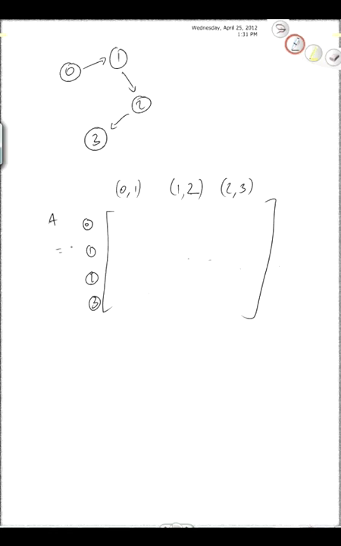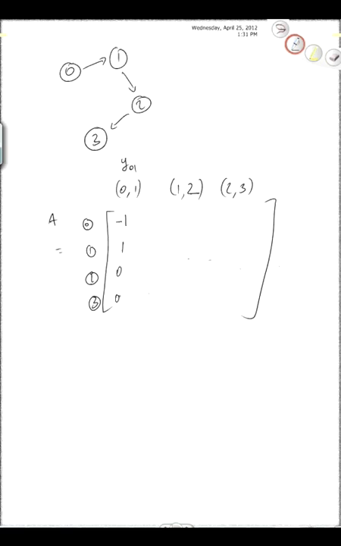This column for 0,1 corresponds to the variable y01. This variable is going to show up in some of these constraints and not others. The only ones it shows up in are the ones for node 0 and node 1. In the constraint for node 0, this edge is leaving node 0, so the coefficient of the variable y01 is going to be a -1. Similarly, because the edge is entering 1, the coefficient in the constraint for node 1 is going to be a +1.